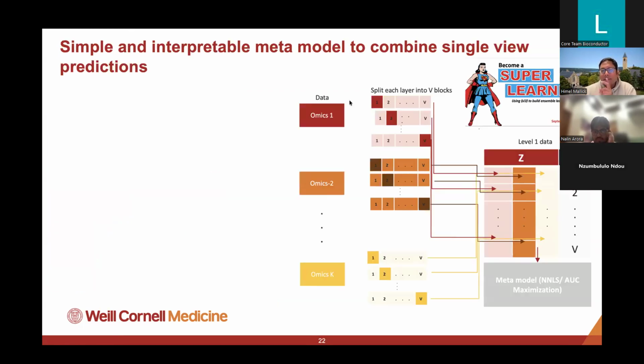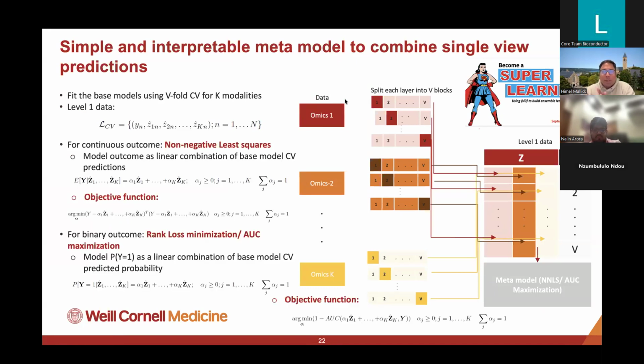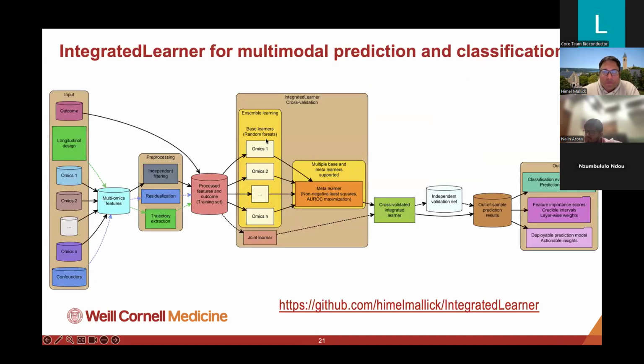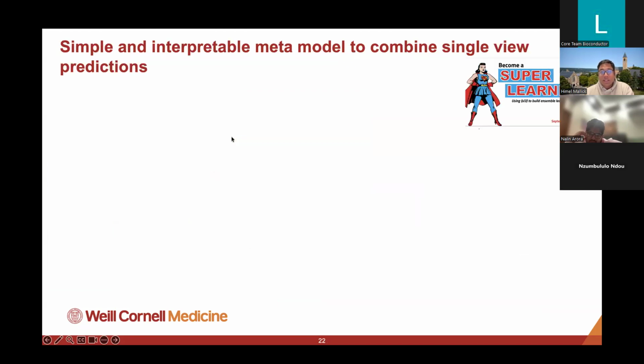One of the things that is really important in the context of machine learning is that, remember, in this integrated learner late fusion framework, you have to do your predictive modeling based on each individual omics. So that means some sort of cross validation is going on in omics 1, omics 2, and omics n. If you don't do the cross validation carefully, there is a chance of data leakage.